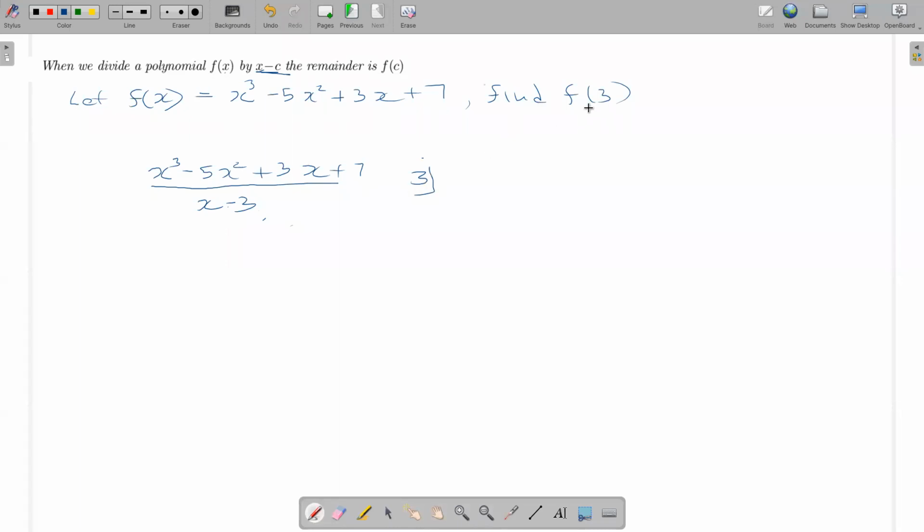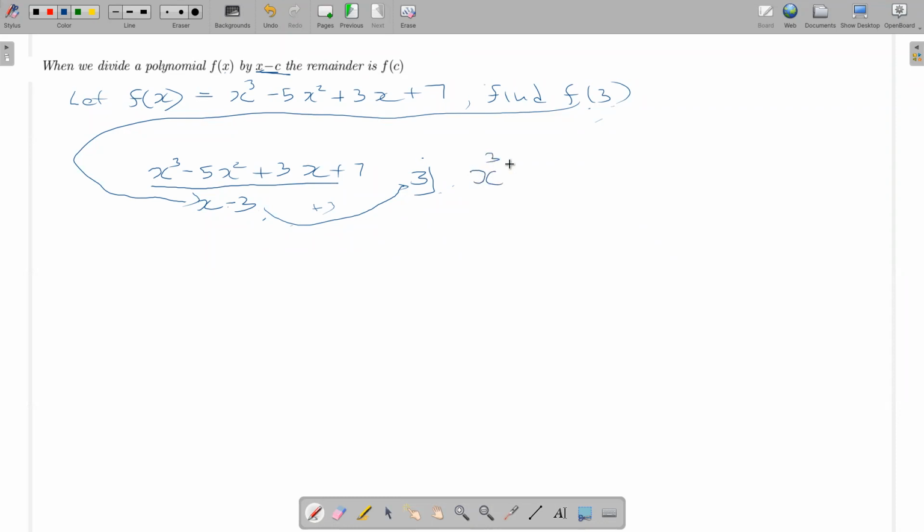When you are dividing by x minus 3, the synthetic division number has to be plus 3, because of the opposite sign. Here the question doesn't ask you to divide, they ask to find this f of c value. But it's the same, we just need to find the remainder.